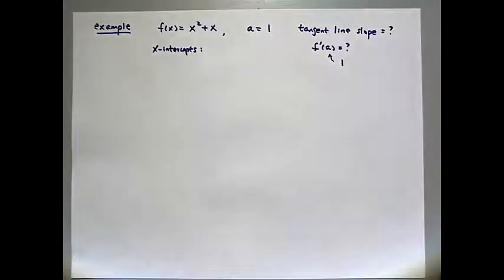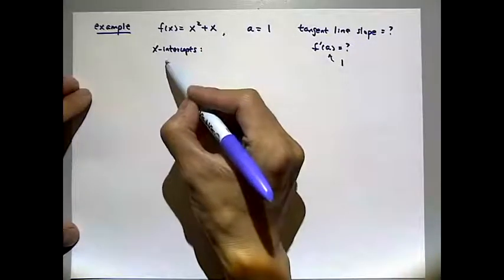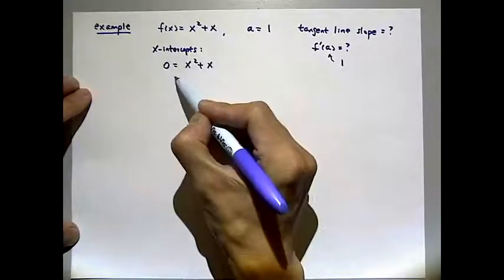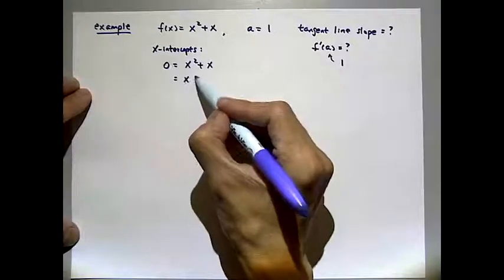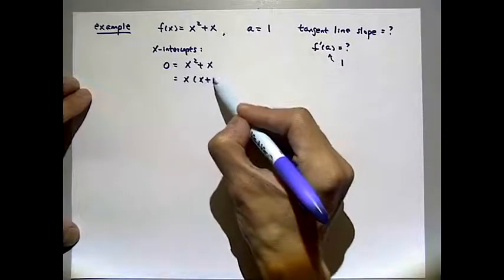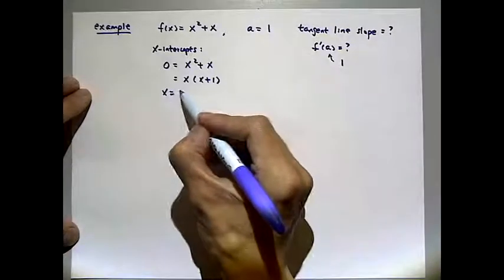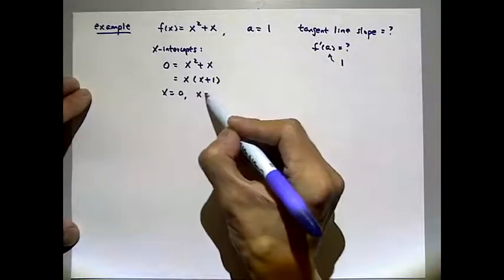With parabolas, it's very useful if you find the x-intercepts, because you know the vertex is halfway between the two. So let's find the x-intercepts of this thing. Make y equal to 0, and factor an x out of that. So this tells me that x is equal to 0, and x is equal to minus 1.